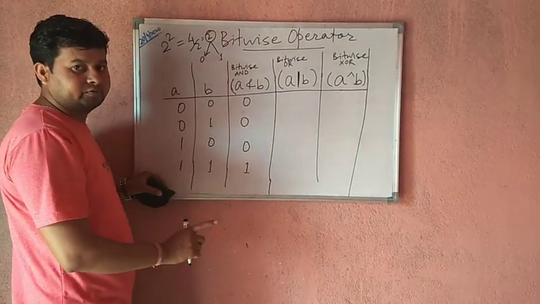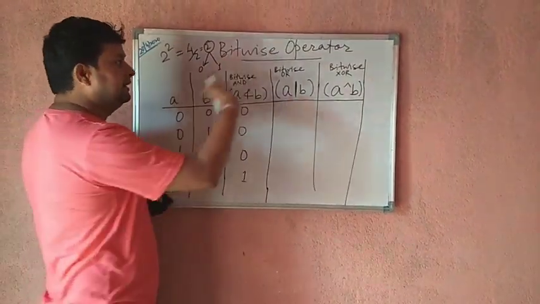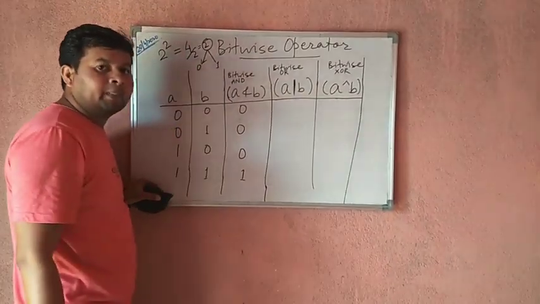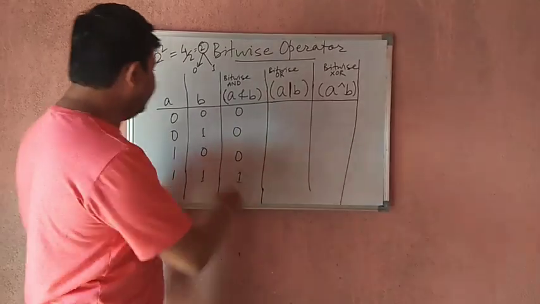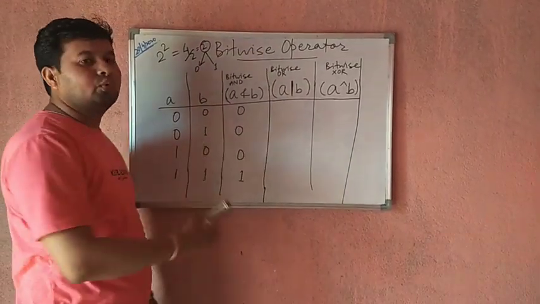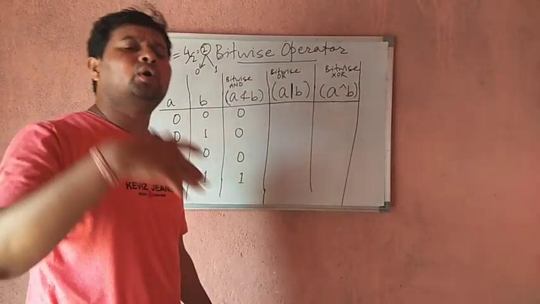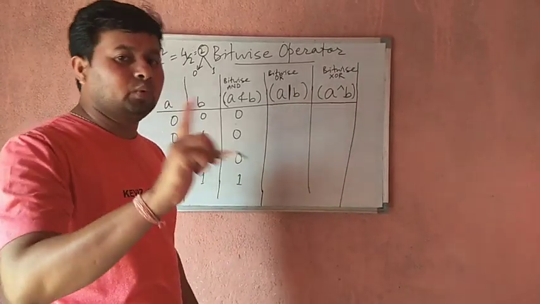But in case of bitwise OR, it says if any one is true, either the first one is true or the second one is true or both are true, then it will produce 1.